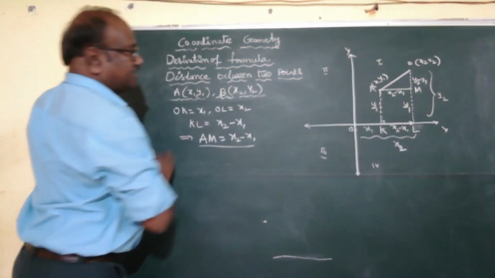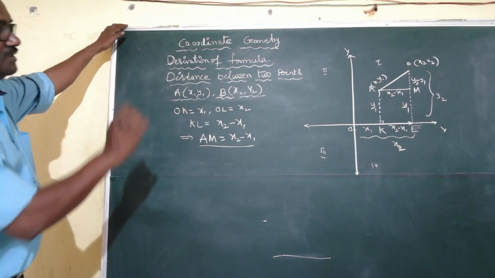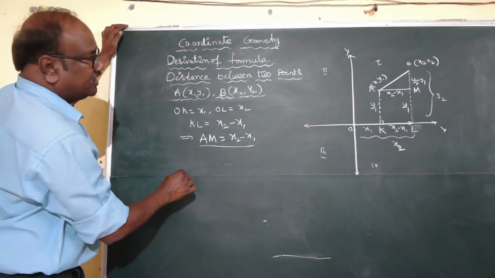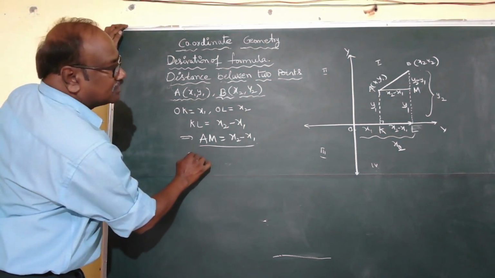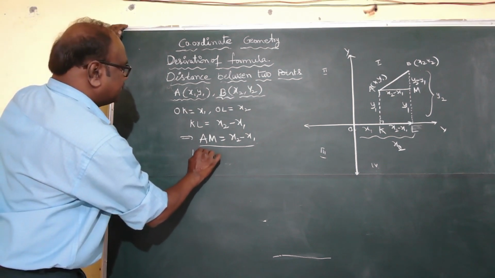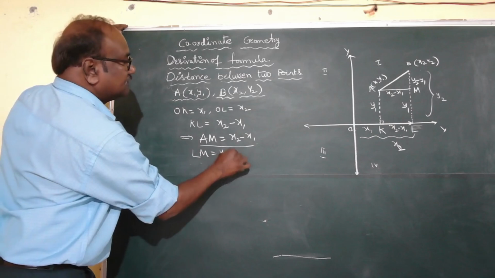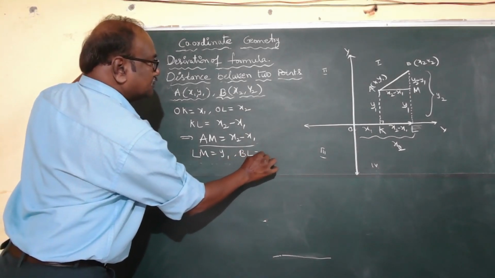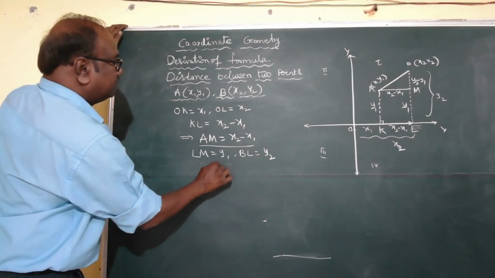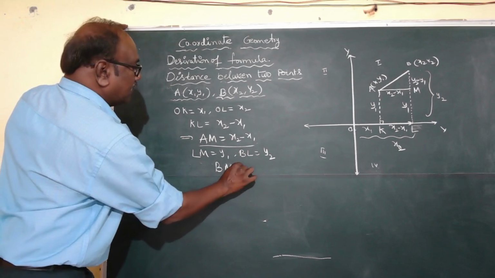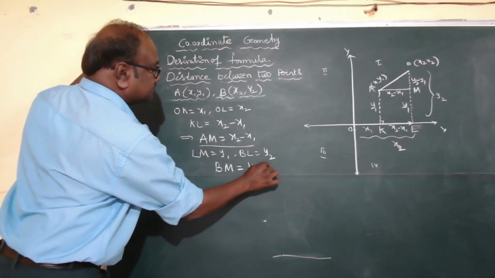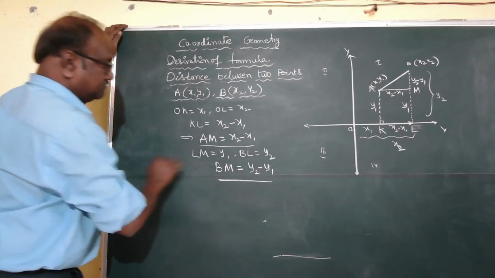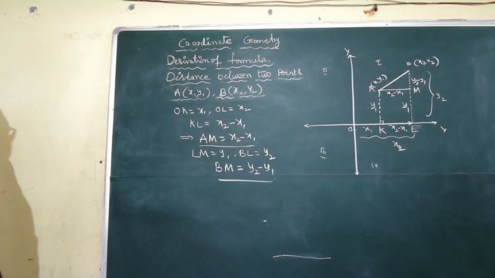Now preparing this AM and BM is important. So LM is equal to y1 and BL is equal to y2. From that, BM is equal to y2 minus y1.